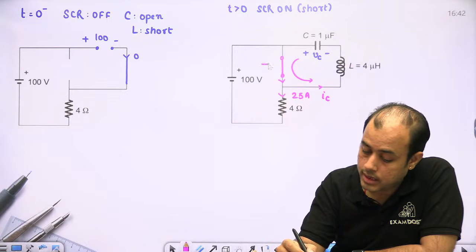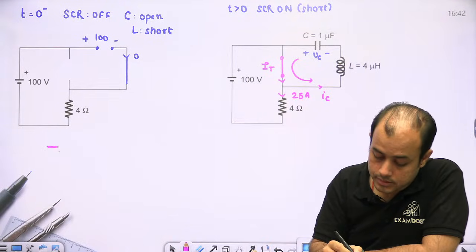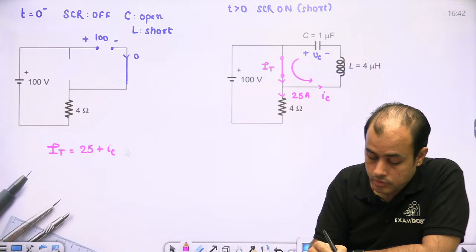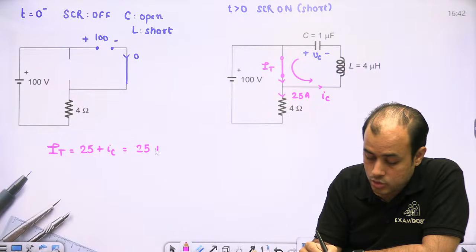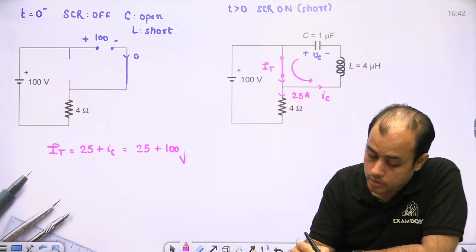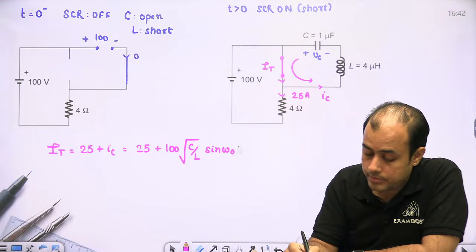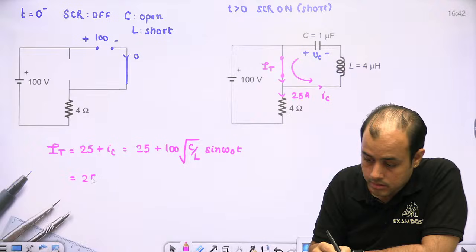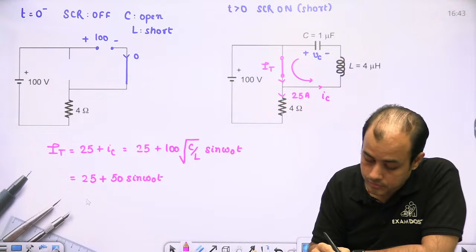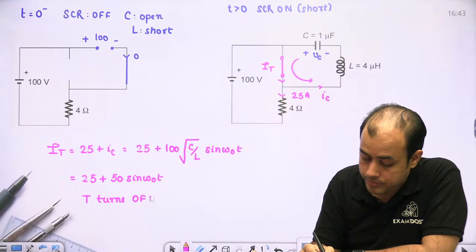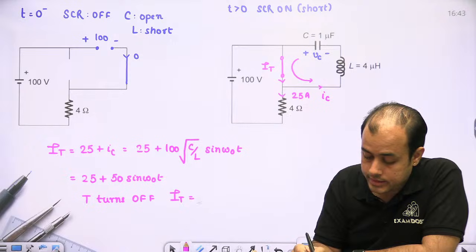So what is the thyristor current? 25 plus IC. What is IC? The capacitor is charged to 100 volt, so IC is 100 root C by L sin omega naught t. The thyristor turns off when IT is 0.